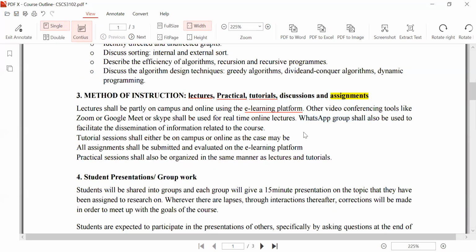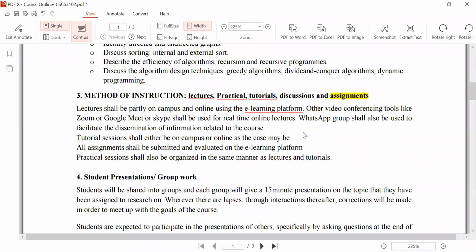And then, like we said, assignments are very important. Attendance is also very important, because your continuous assessment will be 100% on the assignment and on your attendance, both on online and on campus lectures, and also your participation.